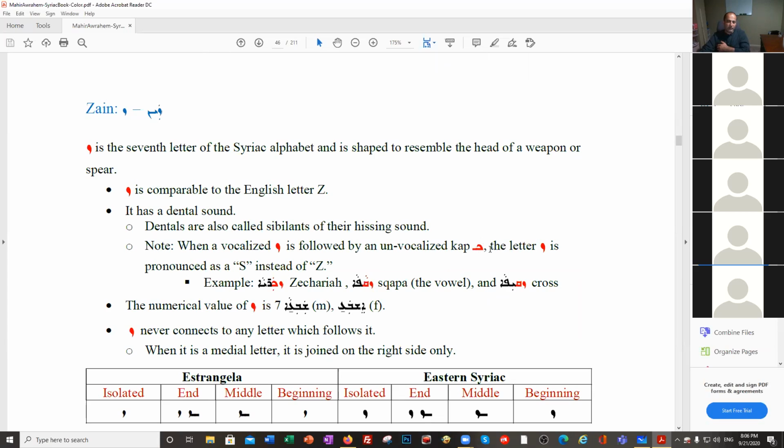Cope should be added, because there are two letters for when zain sounds like S. So cap and cope: skapa, skipa. Skipa is a cross. The numeric value for zain is 7, shua for male, ishwa for female.